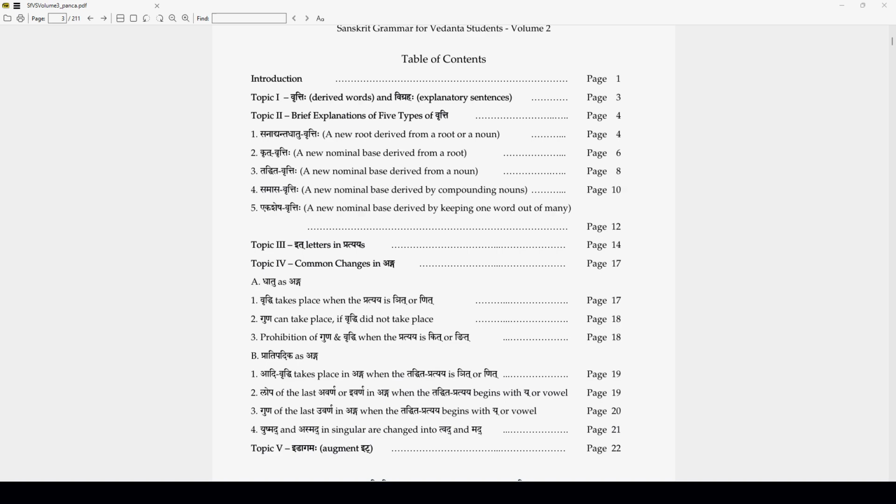Then it comes in a certain meaning. One of the examples of that is putriyate or krishnati. These are some of the examples where a new dhatu is derived from a namapada. This is very interesting, right? This is like in English we have googling.